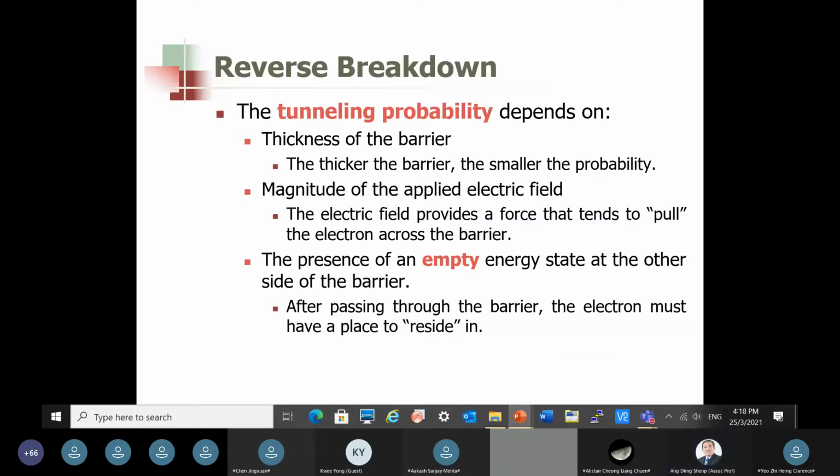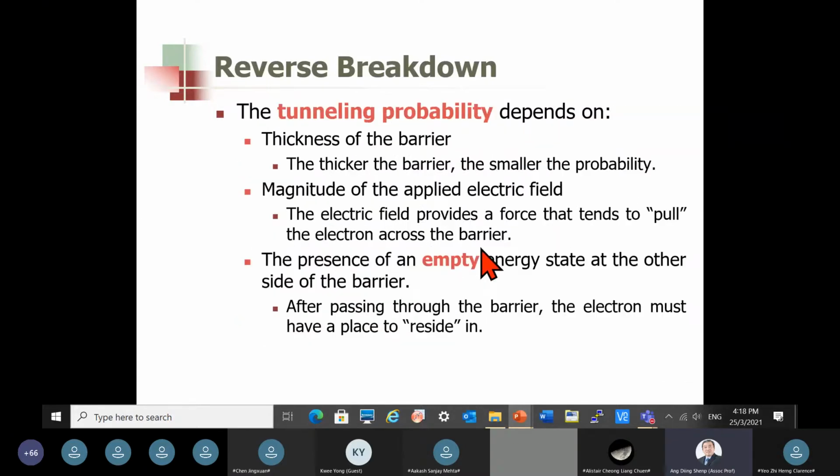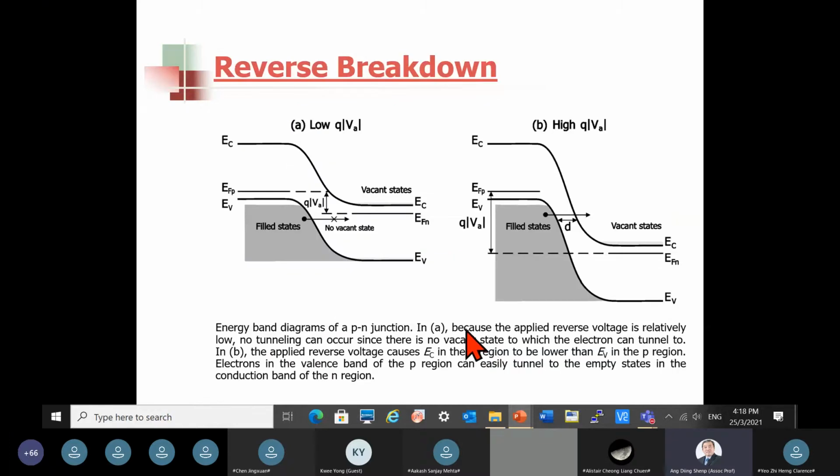So with this understanding, the next thing we will try to understand is whether, in a reverse bias PN junction, the three conditions can exist. So if you look at the band diagram of a reverse bias PN junction, let's focus on the right diagram. Under reverse bias, we apply a negative voltage to the P side with respect to the N side.